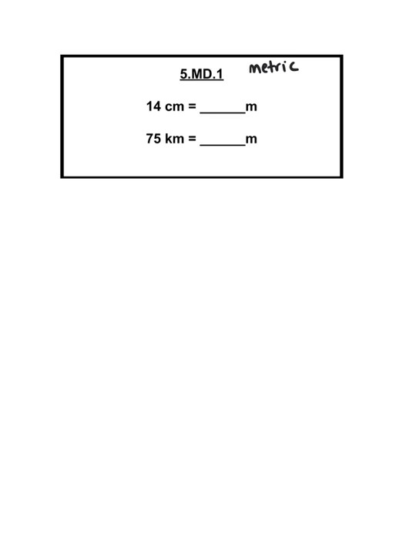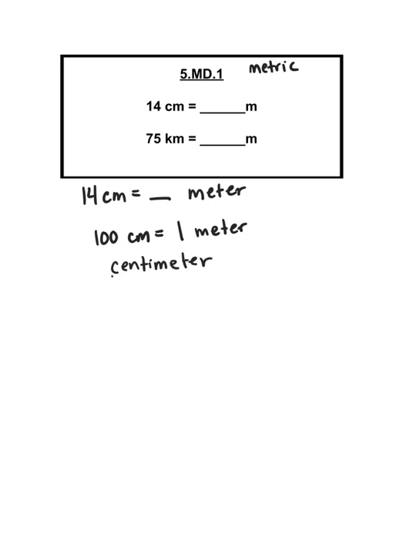So if we have 14 centimeters and we want to figure out how many meters that is, we have to remember that there are 100 centimeters in every meter. Think about what your reading teacher would tell you about this root word for centimeter. Centi stands for 100, like a centipede, right? Or somebody who's a centurion is someone who has lived to be 100 years old.